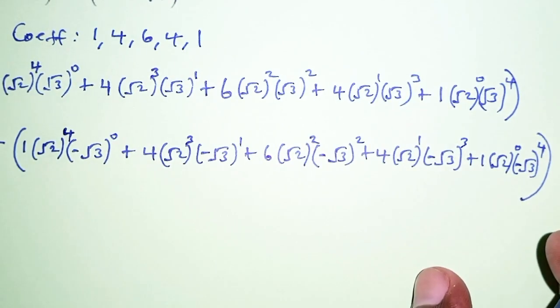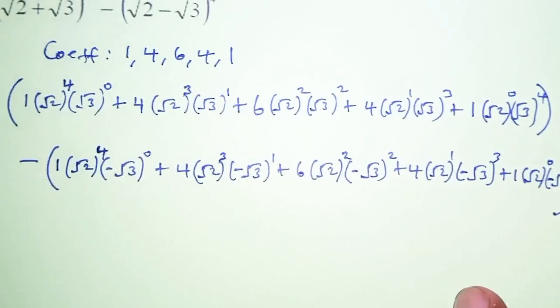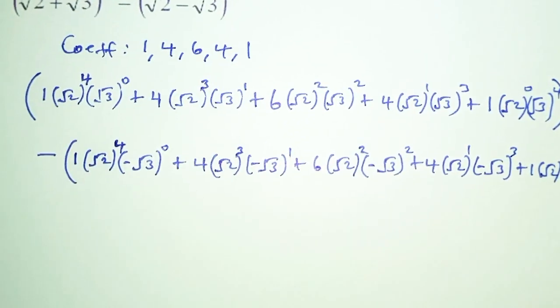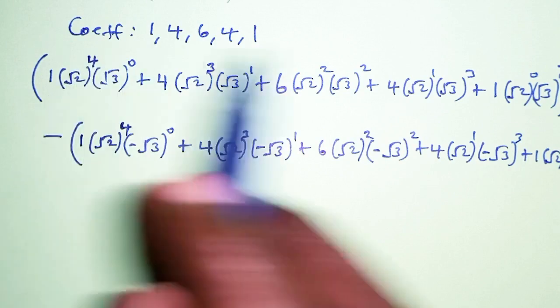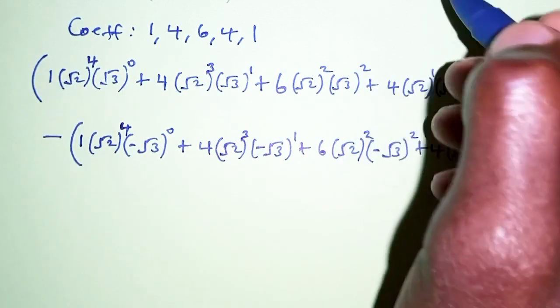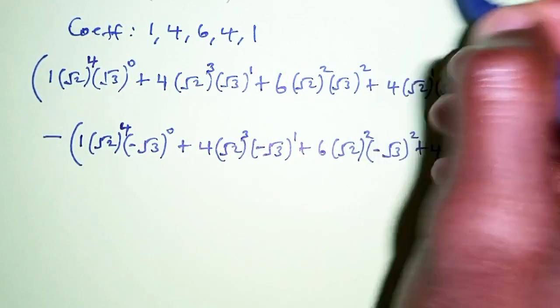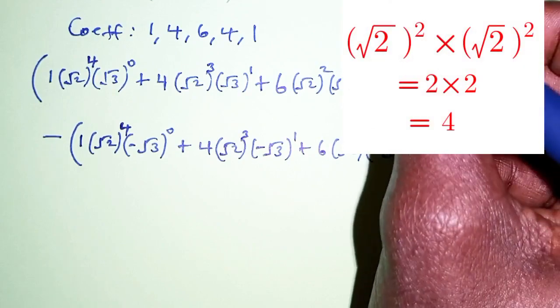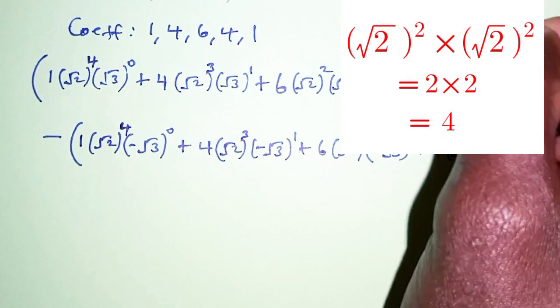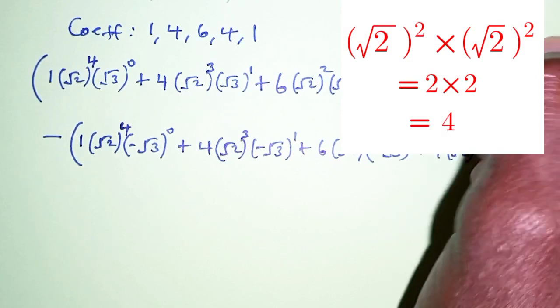At this point, we can now begin simplifying. So for the first bracket, we'll have this. We have root 2 raised to 4. So this is just like having root 2 squared times root 2 squared.